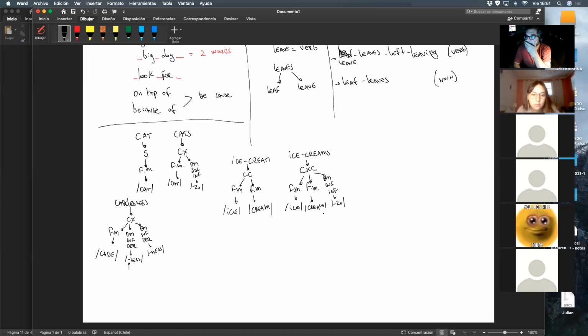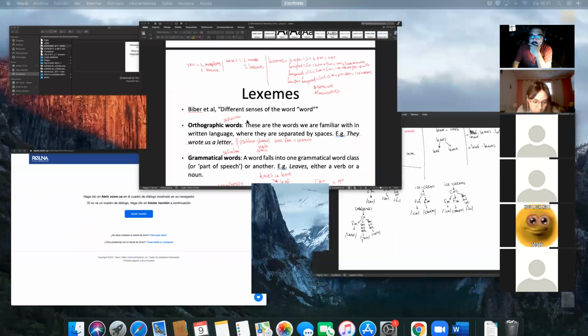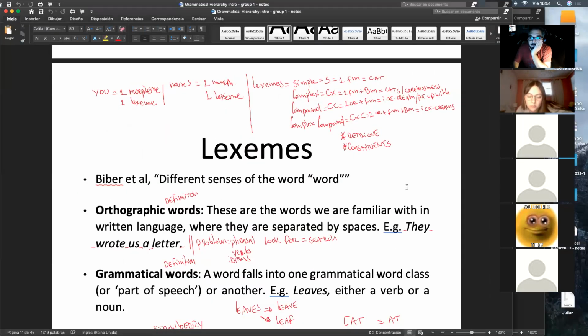Profe, ¿podría escribir la definición al lado para saber bien cómo se escribe? Que como que lo escucho, pero como que no lo entiendo. Ahí está, mira. Ah, ya. Acuérdense que les voy a mandar esto cuando esté completo. Y profe, en la parte de compound, después aparece el símbolo SC.